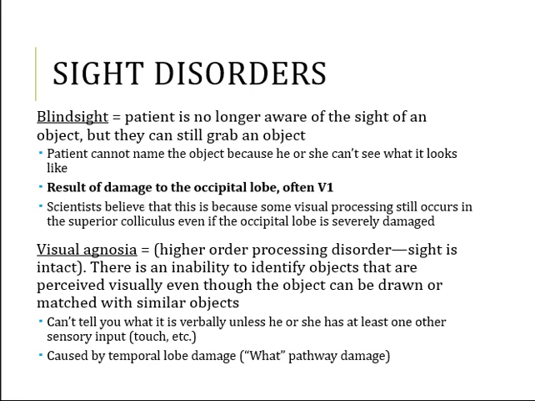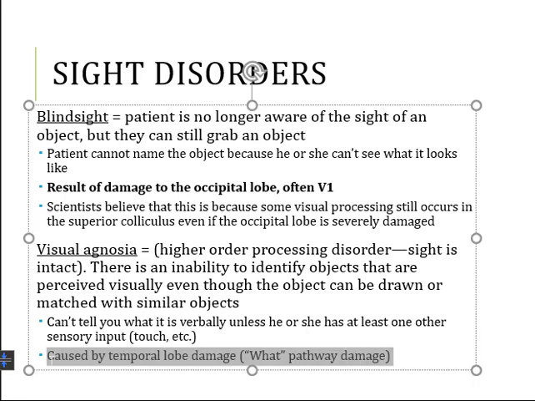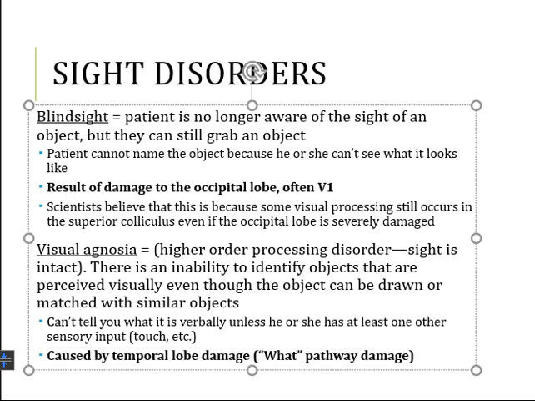So I couldn't tell you what the item was verbally unless there's another input. And this is caused by temporal lobe damage. So this is what pathway damage. If I were to ask a question like, what would be an example of what pathway damage, then you could say visual agnosia, because you can't identify what the object is without using another sense, like touch or hearing or something like that.